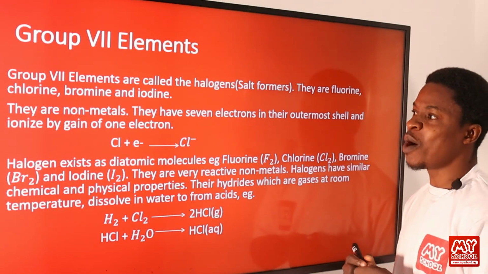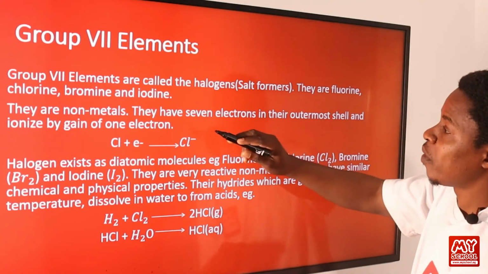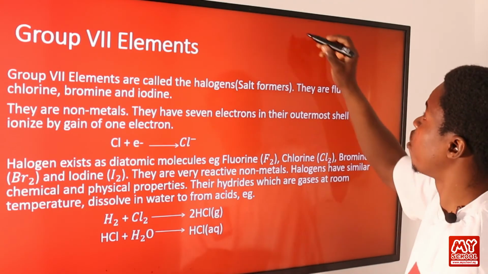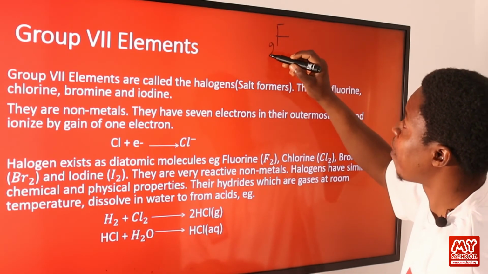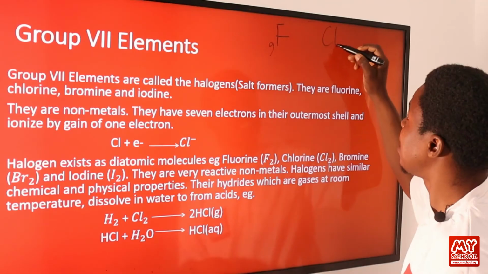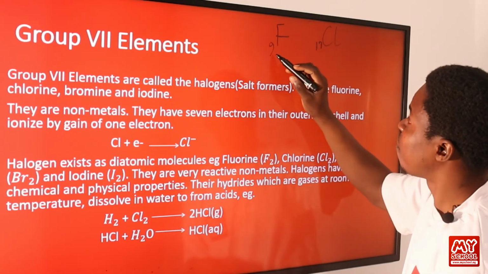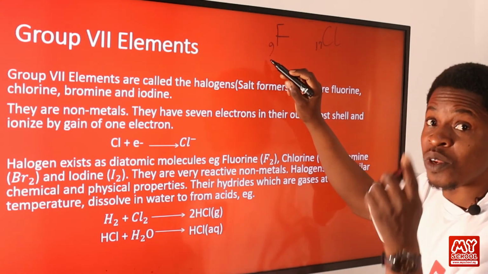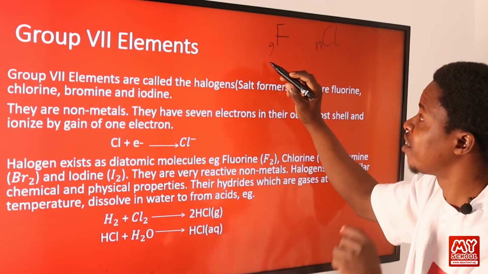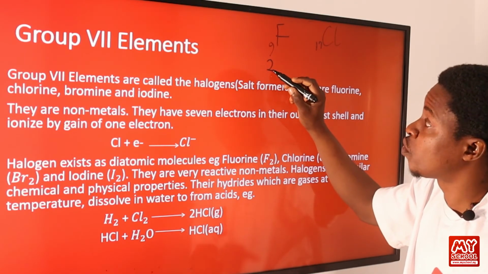When we talk about having 7 electrons in the outermost shell, see what we mean. Let's take the first 2. Fluorine is F and it has atomic number 9. Chlorine is Cl, it has atomic number 17. If you write the configuration, remember according to Hund's rule, Pauli's exclusion principle, and the other one we talked about in the last class, the first shell can take 2.